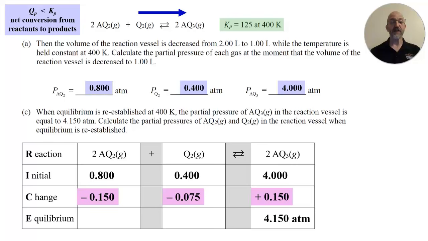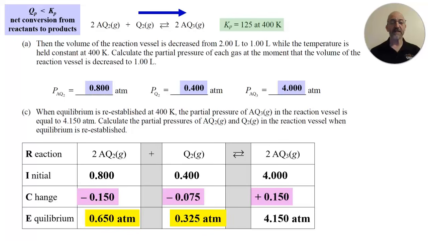Now to calculate the partial pressures of AQ2 and Q2 in the reaction vessel when equilibrium is reestablished, what is 0.8 minus 0.15? Well, that would be 0.65 atmospheres. So that's the partial pressure of AQ2 in the reaction vessel when equilibrium is reestablished. And what is 0.4 minus 0.075?